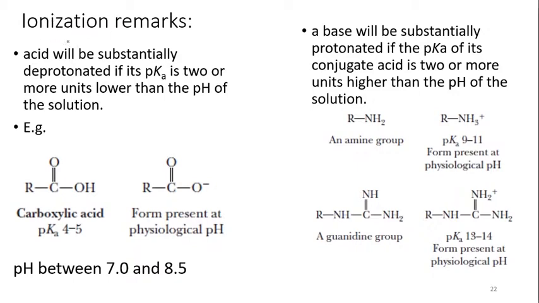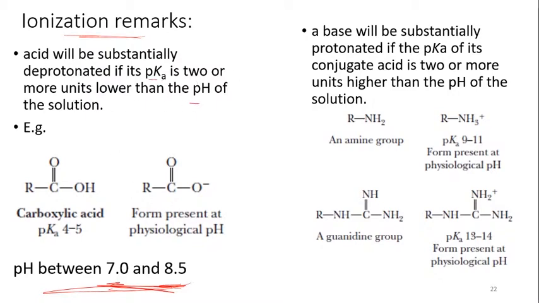Now for ionization, in general, at what we call physiological pH, the pH between 7 and 8.5, this is what happens in the human body. So if I have something like an acid, the acid will substantially deprotonate if the pKa is lower than my pH.